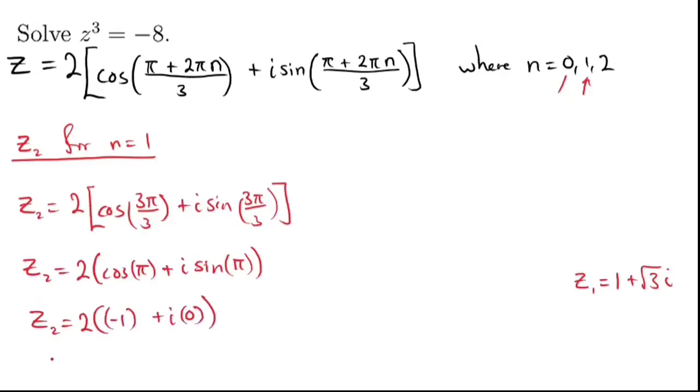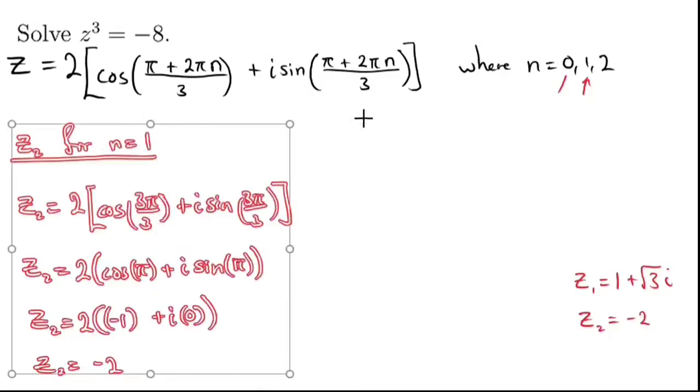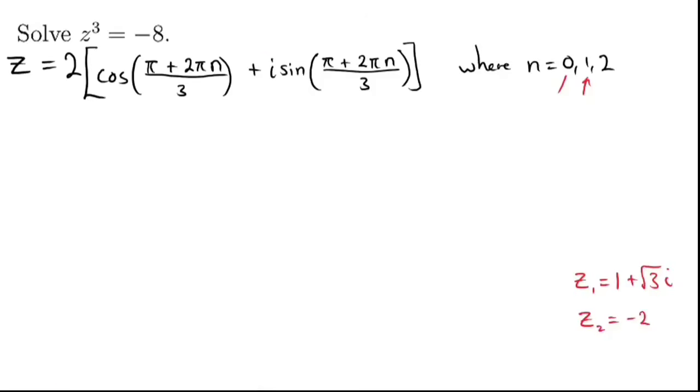So for this particular solution, we only have 2 multiplied by -1, giving us -2. So that's our second solution. Z2 is equal to -2. So we'll repeat the same process, that is now for Z3 when n is 2.